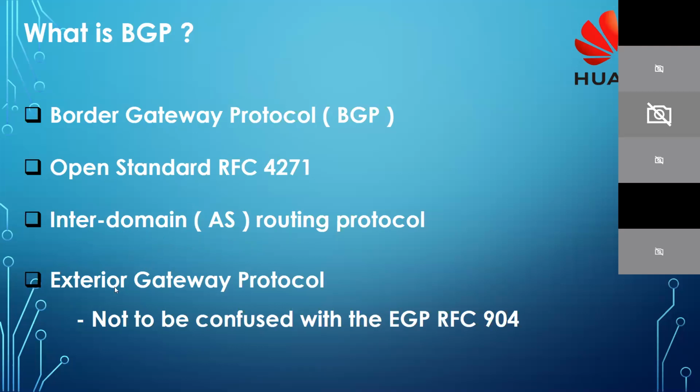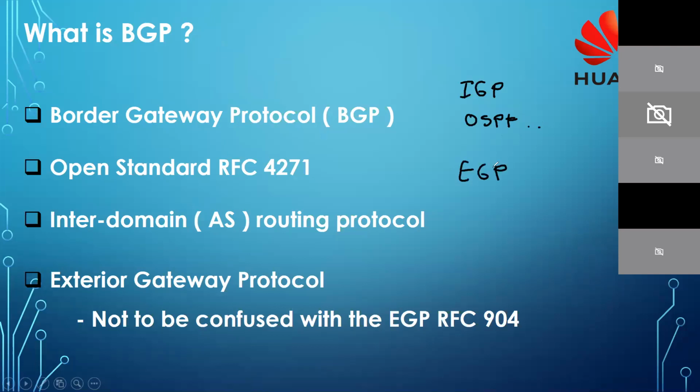BGP is an EGP, an exterior gateway protocol. What does it mean? There are two types. There is IGP, like OSPF, and there is EGP.